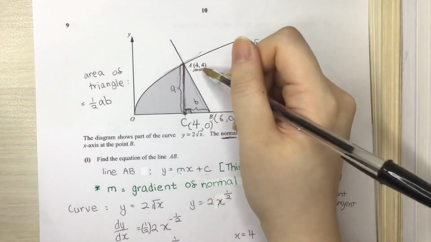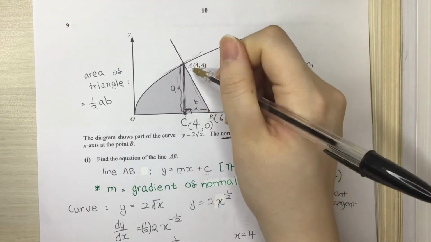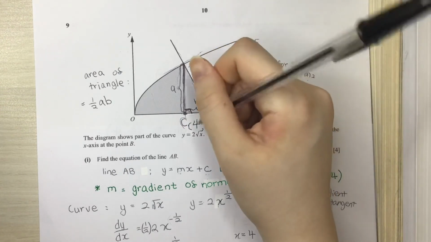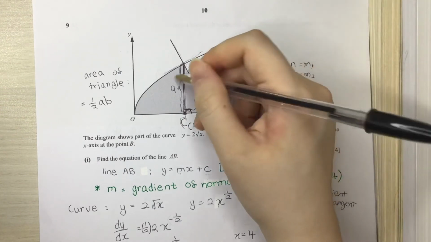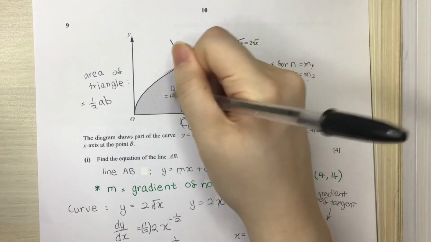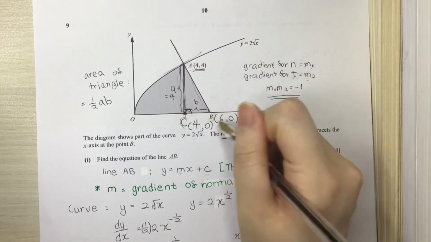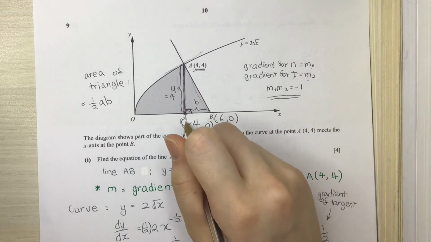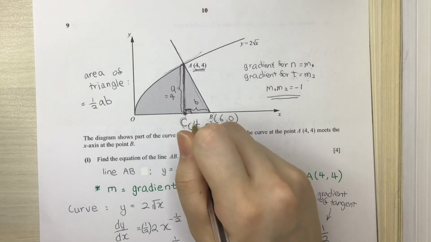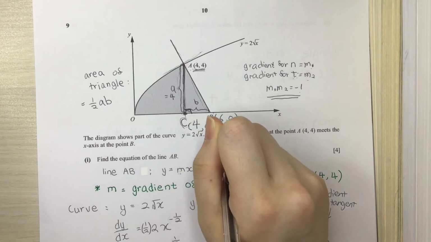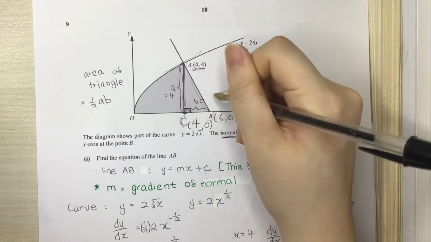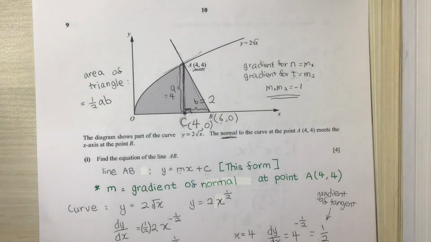The height of this triangle is obviously the distance between A and C, and in this case we look at the coordinates. A is 4, 4, C is 4, 0, so obviously a is equal to 4. And what is the base? We look at the x coordinates in this case: the x coordinate of C is 4, the x coordinate for B is 6, so b is equal to 6 minus 4, and that's equal to 2.